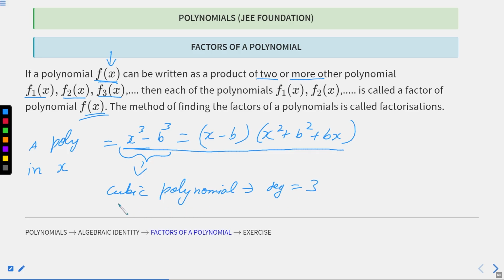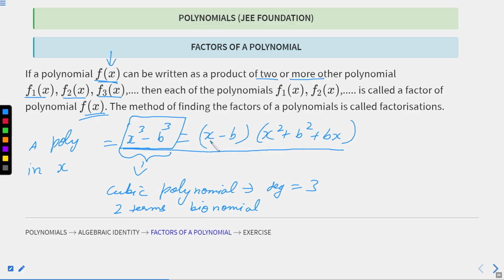From the perspective of terms, it has only two terms, which means it is a binomial. I hope this is clear. Now I take this as my cubic polynomial, x cube minus b cube, where b is any real number.